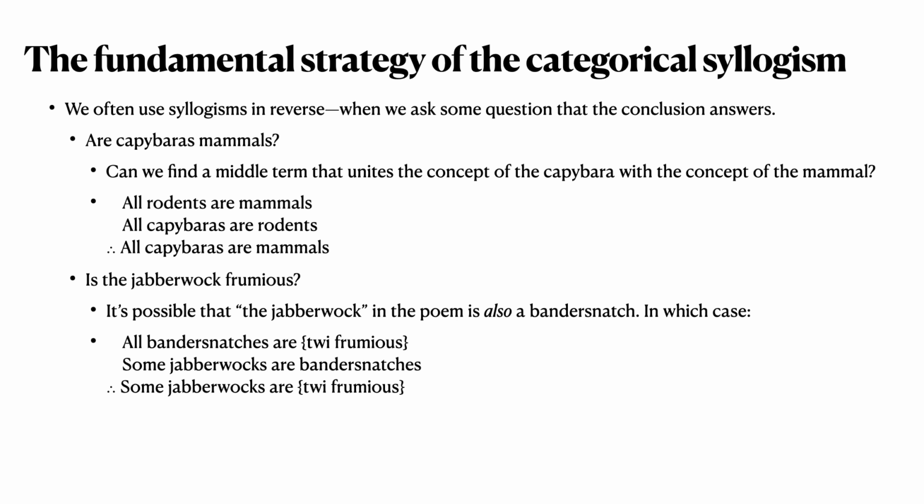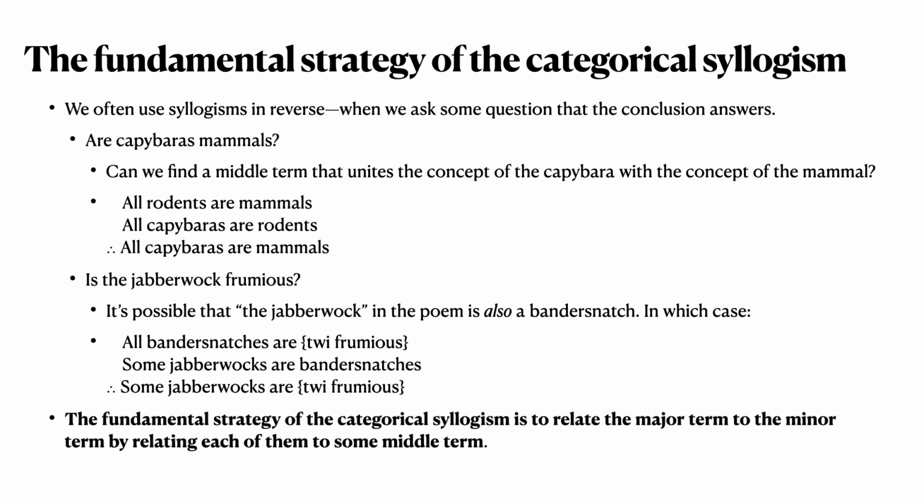This is what we mean when we focus in on the validity of the inference rather than the clarity of the terms, the truth of the premises, and the overall soundness of the argument. It's because of the form that we can do this. So, to summarize, the fundamental strategy of the categorical syllogism is to relate the major term to the minor term by relating each of them to some middle term.